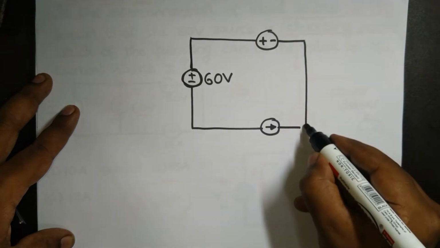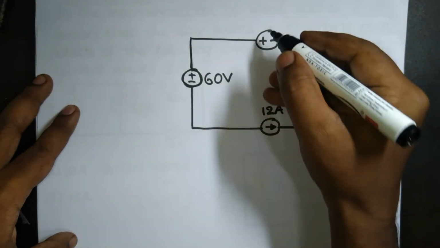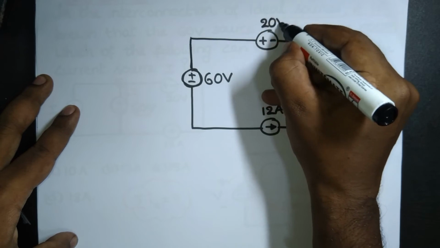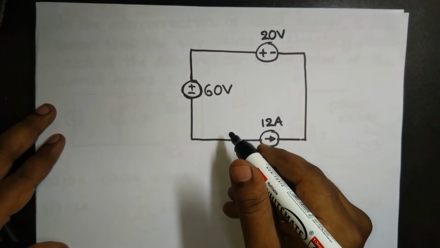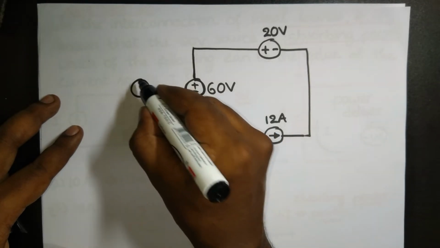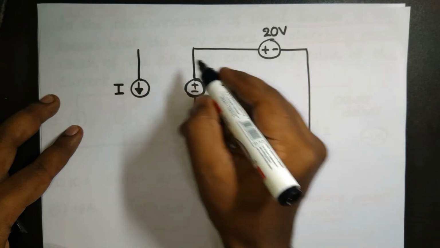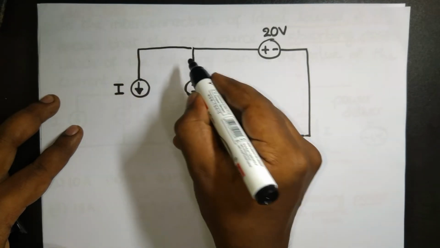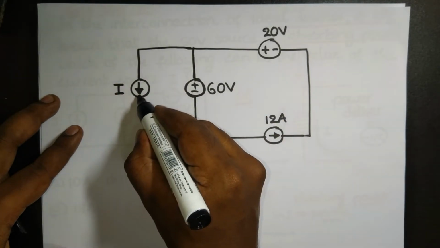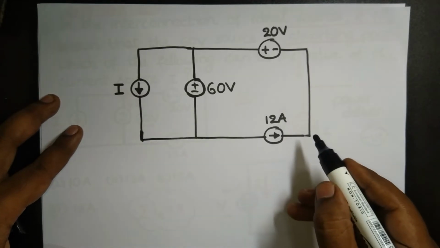Now see, all ideal sources are communicating at one place. Beautiful, right? Here you have again one more ideal current source. All ideal sources are friends. They formed a community, that is the ideal community.